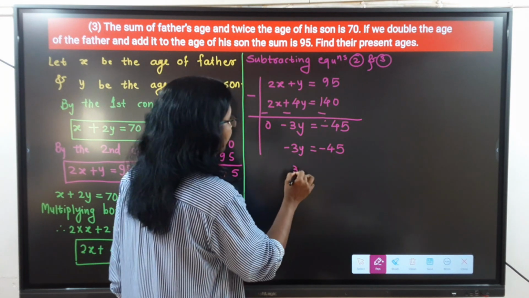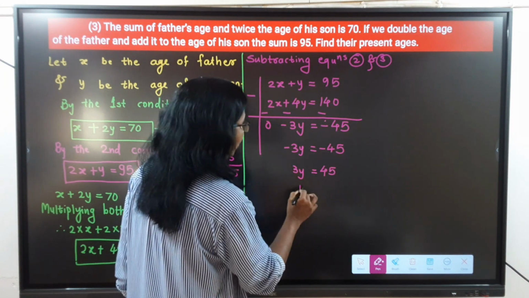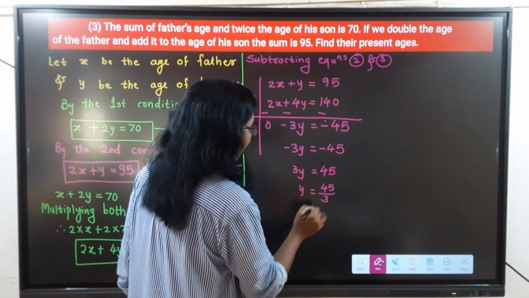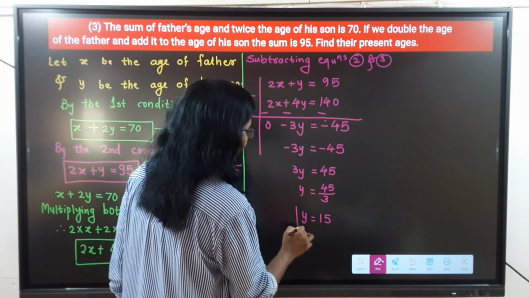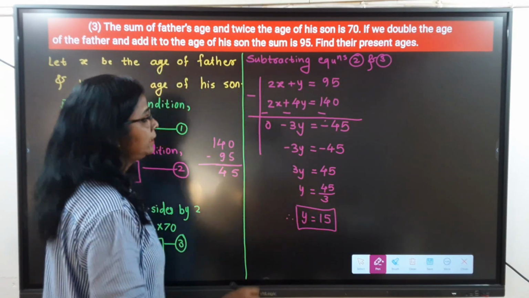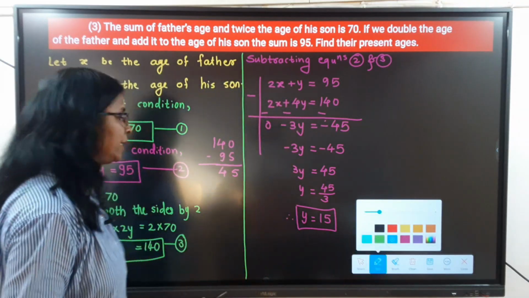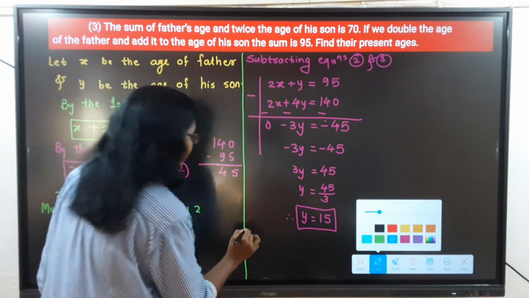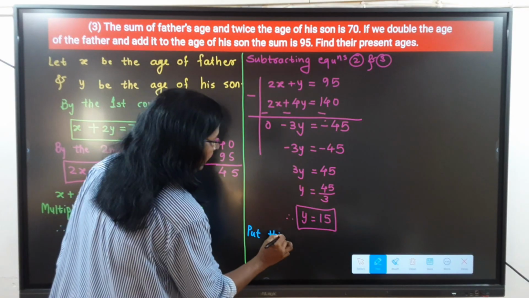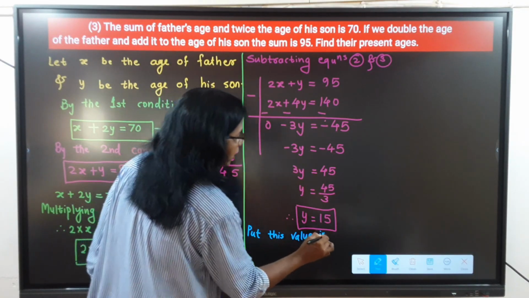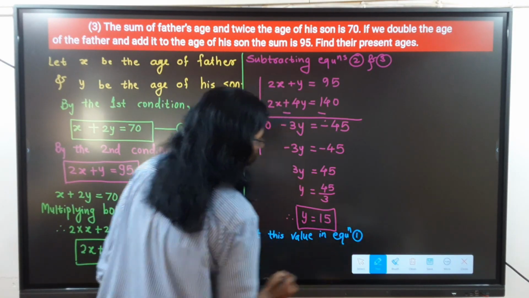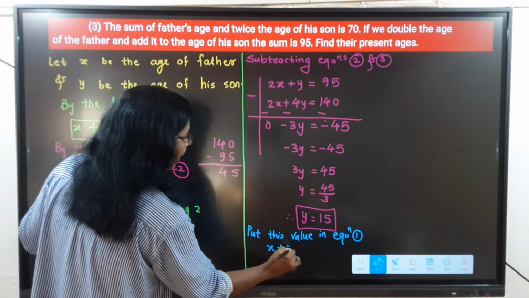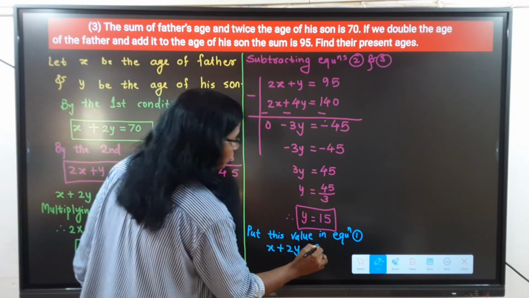Now cancelling out the negative sign, 3y is equal to 45. So y is equal to 45 upon 3. Therefore y is equal to 15. Then the next step is to put this value in equation 1. Equation 1 is x plus 2y is equal to 70.